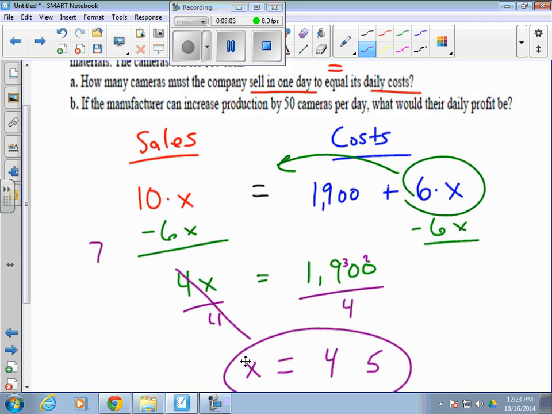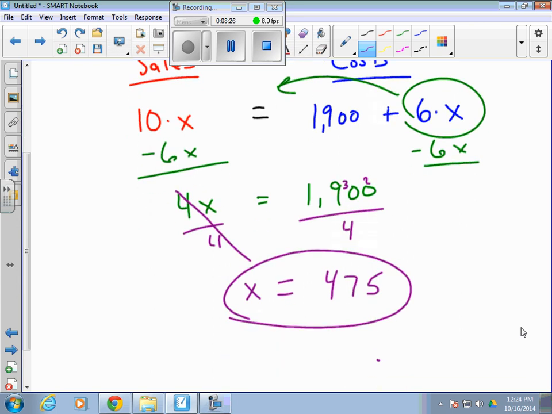Question number 2 asks, what if he sells 50 more cameras per day? What would the daily profit be? Now you have to think about this, he's not going to pay $1,900 again. He's only going to pay the $1,900 once.